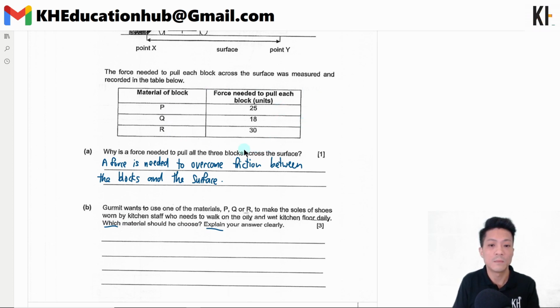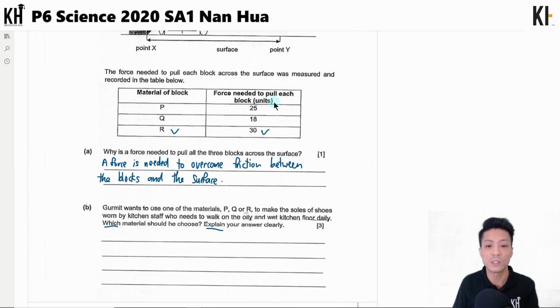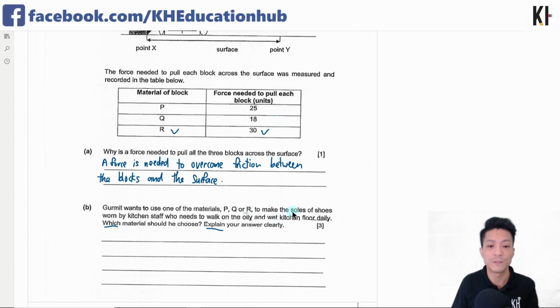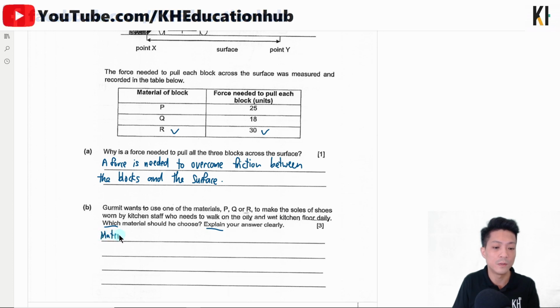So looking at the table, material R needs the most amount of force to pull it across, right? So you want the soles of the shoes to have a huge amount of friction, so we definitely will be choosing material R. Okay, explain your answers clearly.